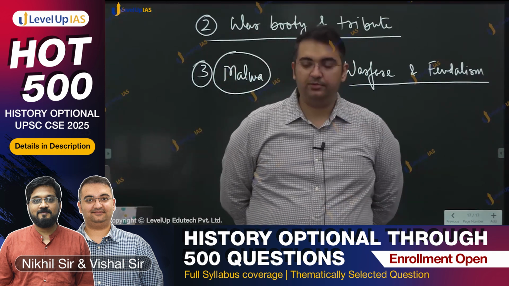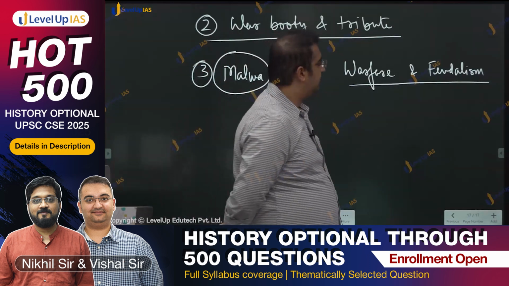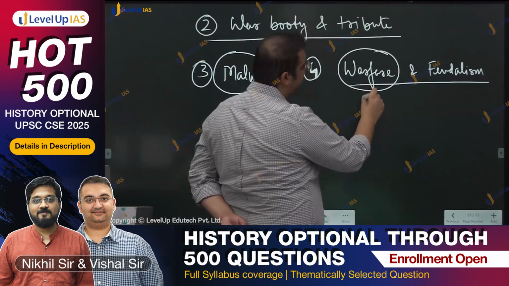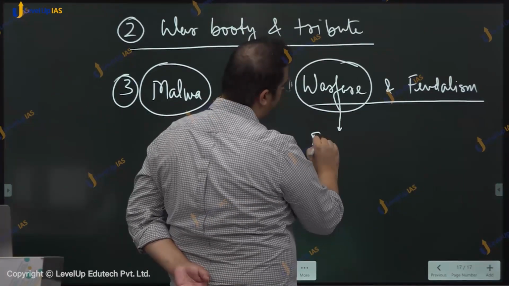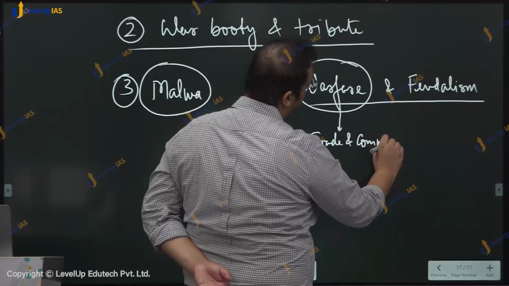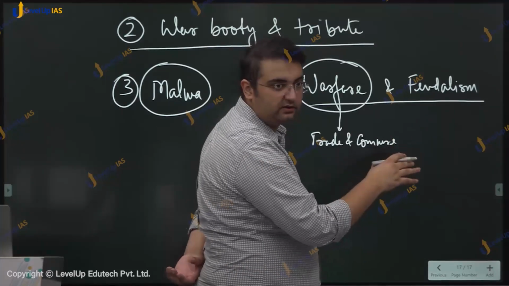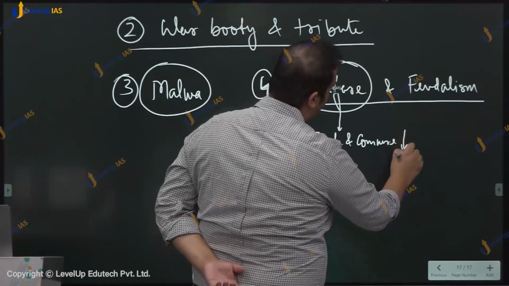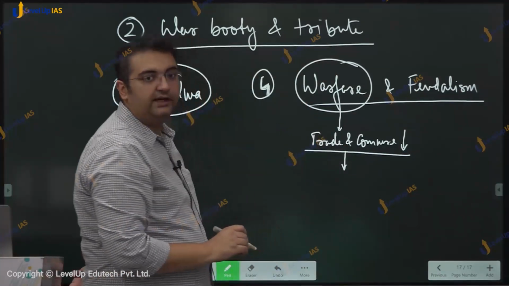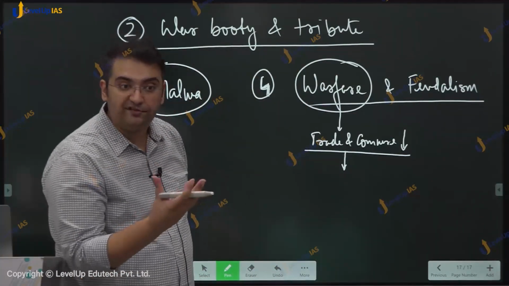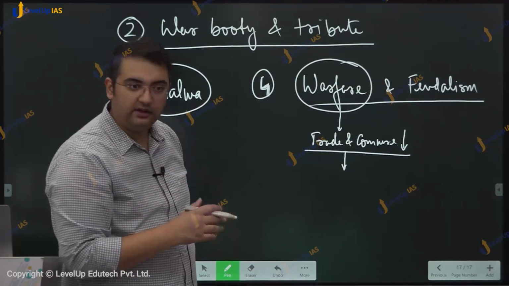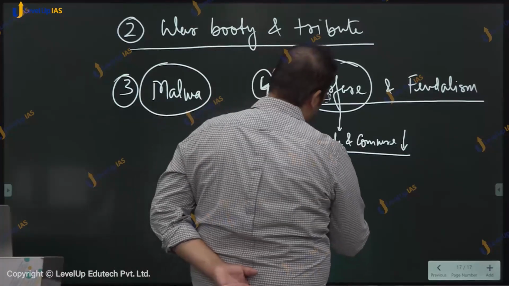What is the relationship between warfare and feudalism? देखो, when warfare increases, trade and commerce increase होगा या decline होगा? It declines. This is going to lead to a decline in metallic currency.